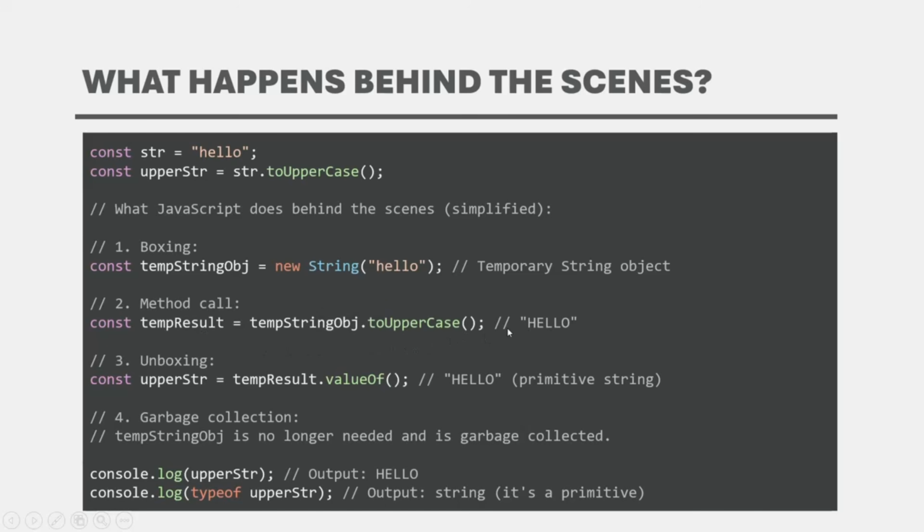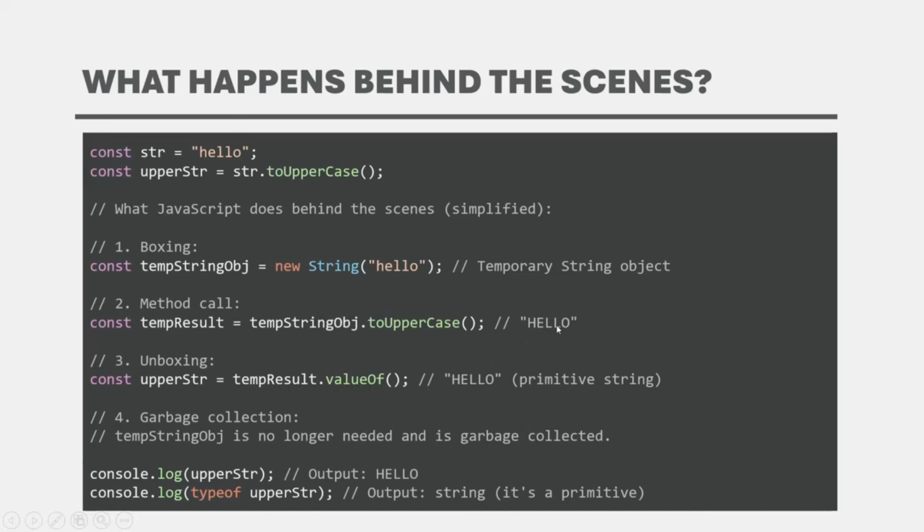And after the result has been returned to this temp result, remember that this temp result is also going to be a string object. It is not going to be a primitive string value. This toUpperCase method also returns us a string object, and that will be assigned to this temp result. From that object, unboxing will happen. That means from that object, we are going to read the value.